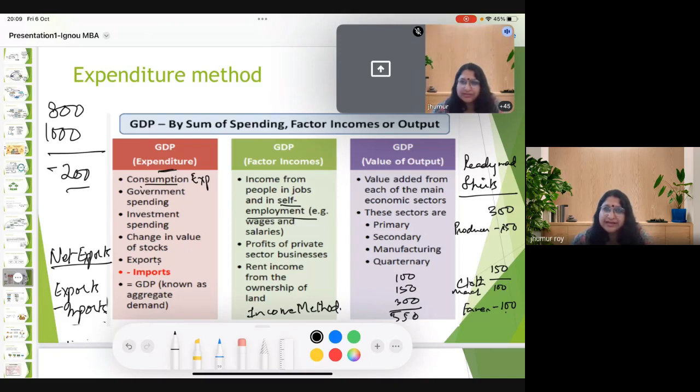Will this be correct? Tell me. Is this a correct estimation of national income? Can I see any response? Yes, no?